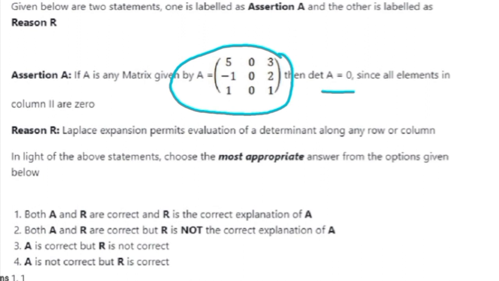So we can use the Laplace expansion to find the determinant. We take the determinant along this second column, and we see that since all the elements are 0, its determinant will also be 0. I hope I make myself clear.